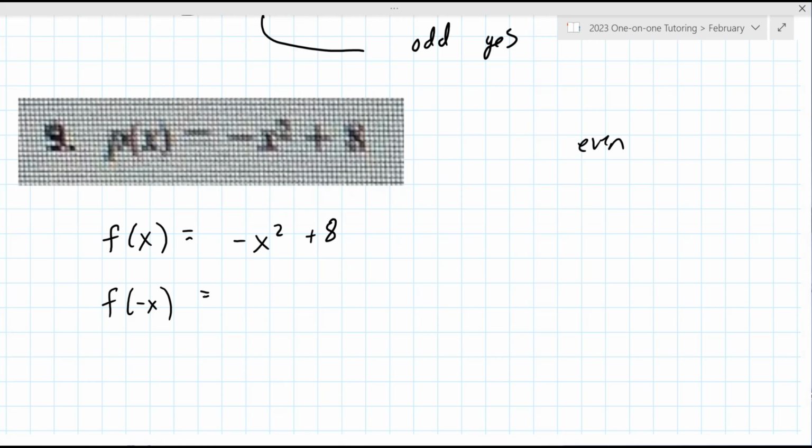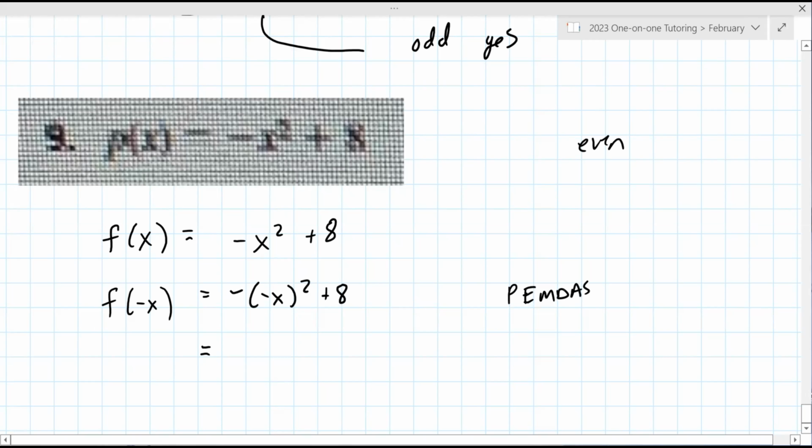Make sure you square first and then negate. Order of operations. So square first, that's -x times -x, then -x squared plus 8. So it can't be even.